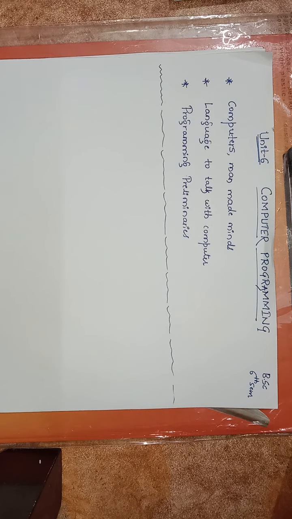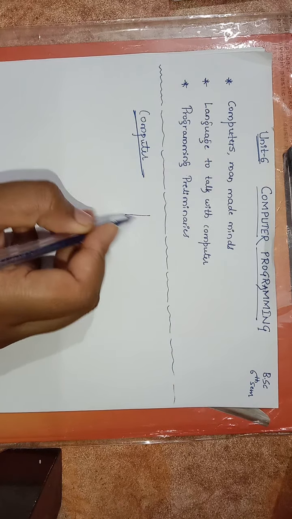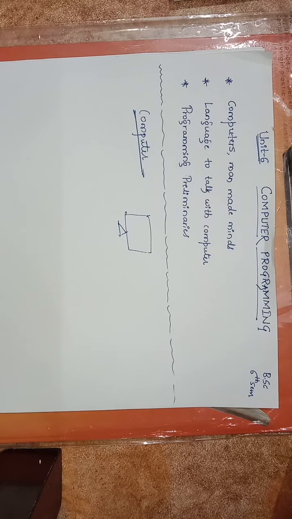Before going to that, let me tell you what exactly this computer is. In the live classes I told you, but let's revise the things. This computer is just a machine, right? But it is an electronic device.